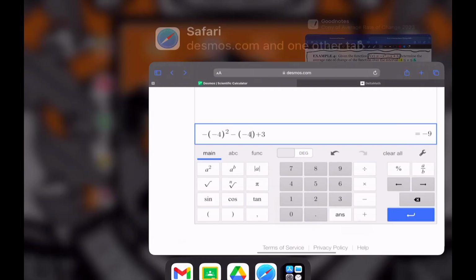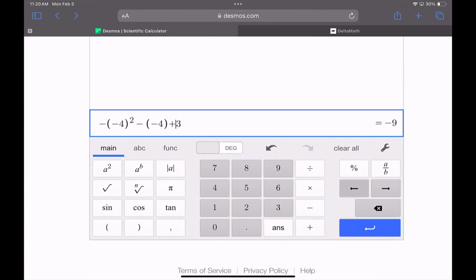I just need to change -4 to 6. Positive 6. Positive 6. -39. So the next dot is going to be positive 6, comma, -39.